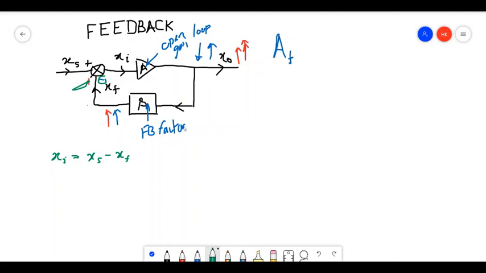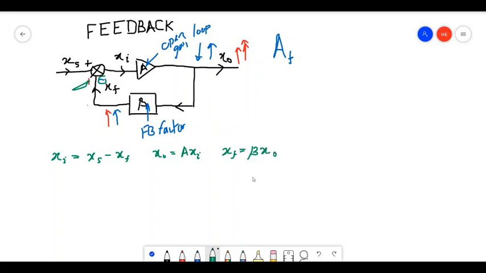And considering the amplifier, I can write that x_o, or the output, is equal to A times x_i. And also considering this feedback, I can write that x_f, feedback, is equal to beta times the output.